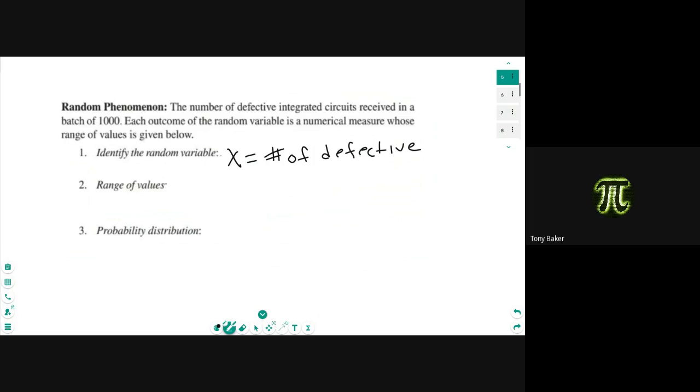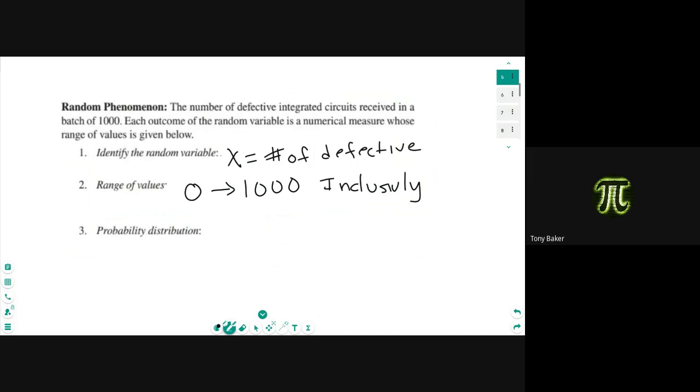Almost. Oh, so close. Not 1. It's 0. So technically, we could have no defective circuits in the entire 1,000 batch. So my range of values is from 0 to 1,000, inclusive.